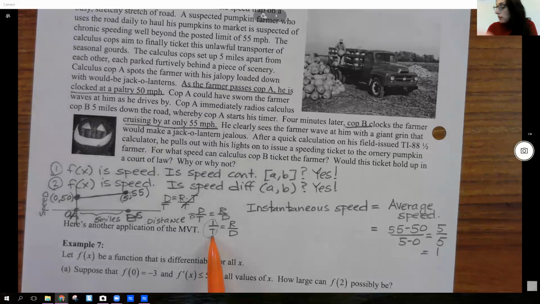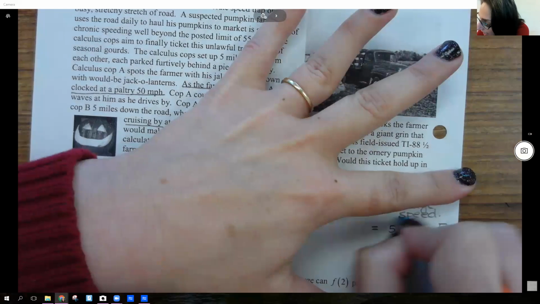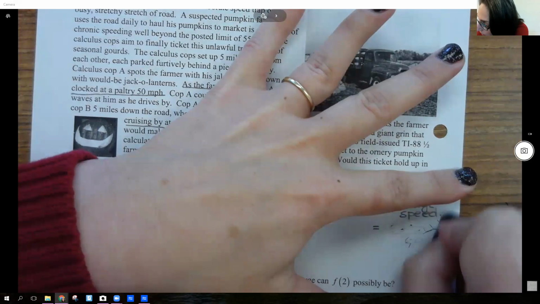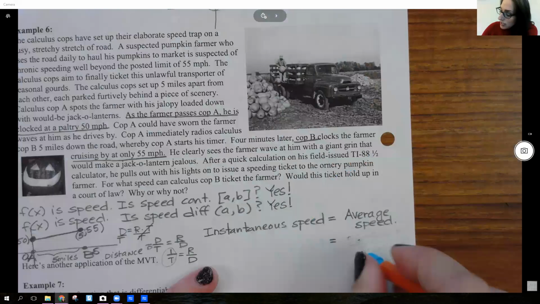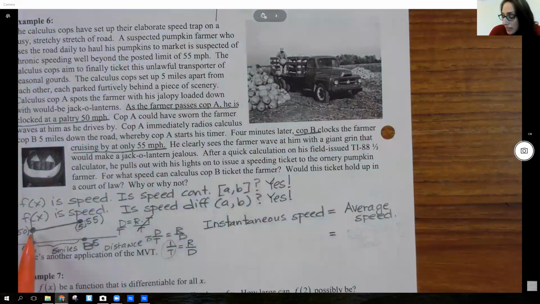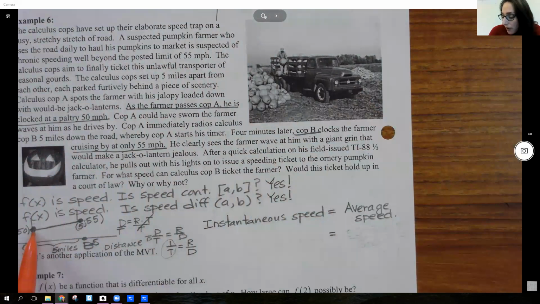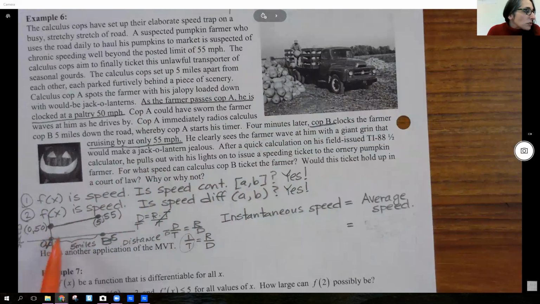Okay, so regardless of that, I guess my graph is not so good. We can still use mean value theorem for this. We just don't need to do all the calculations. We can just think about conceptually what's going on here. So if he is clocked at 50 miles an hour, I guess we don't have to do the slope formula because we already have the actual speed.